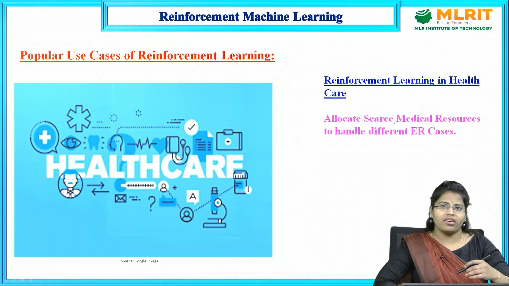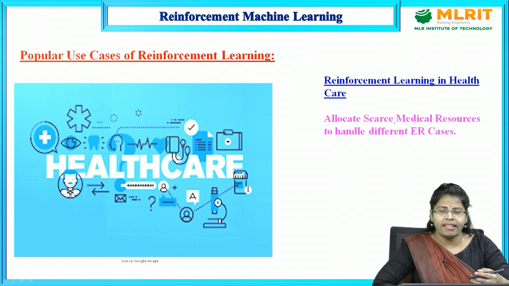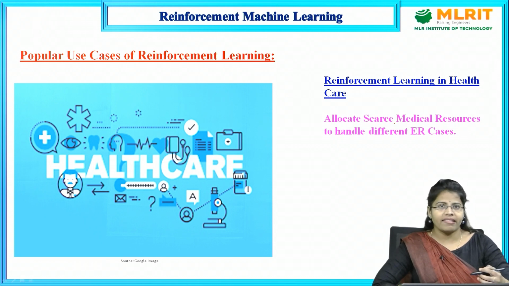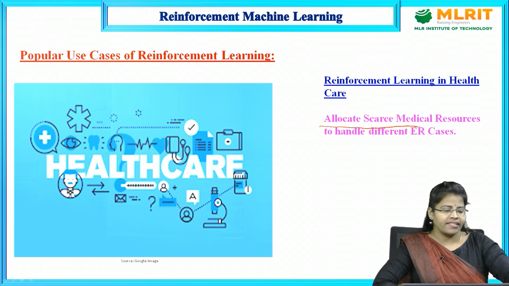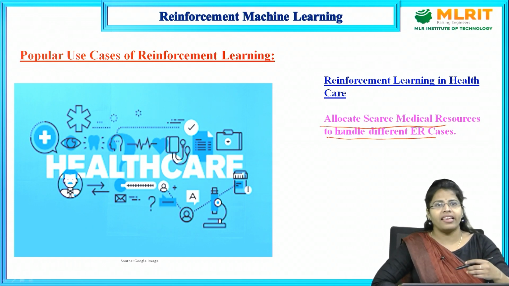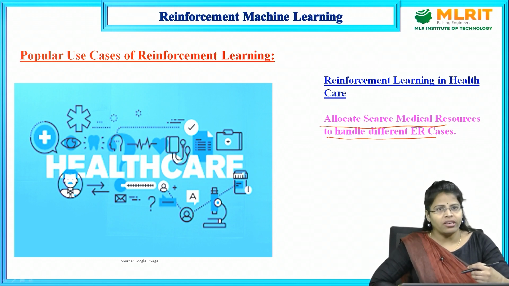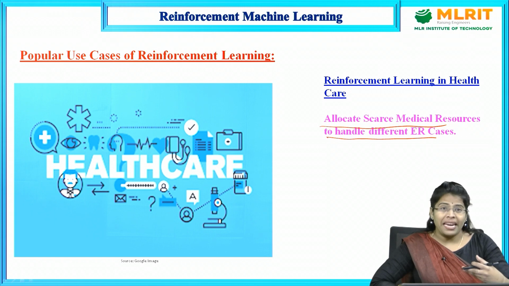And another use case of reinforcement learning is the healthcare sector. In the healthcare sector, reinforcement machine learning is used to allocate scarce medical resources to handle different emergency cases, by building a machine learning model that tracks the data of previous types of treatments to provide for the emergency cases.